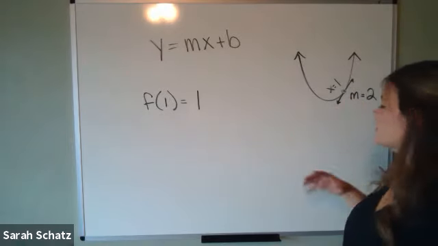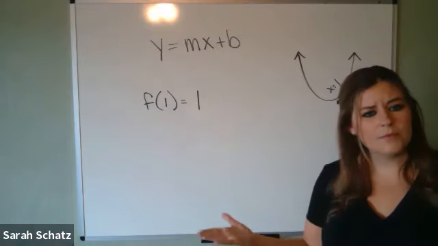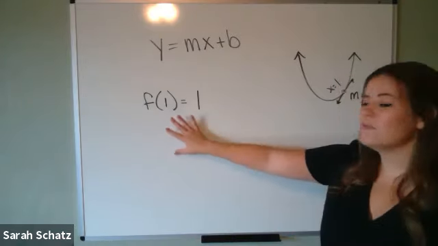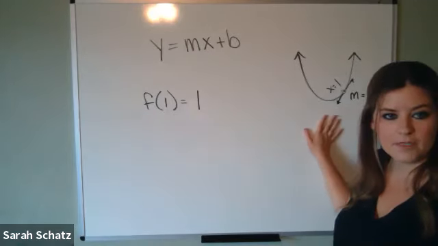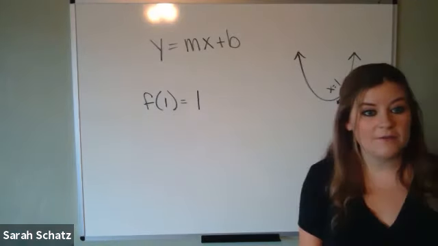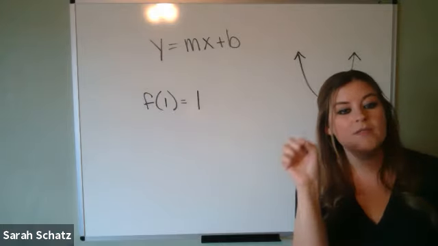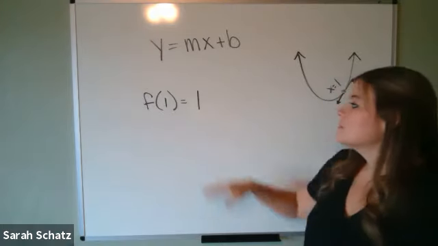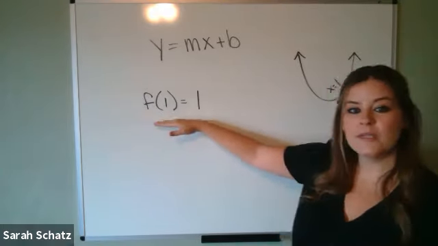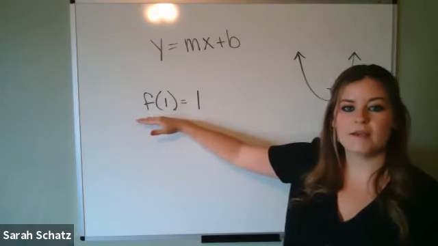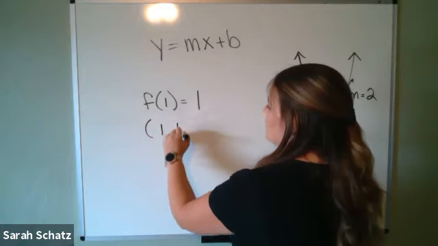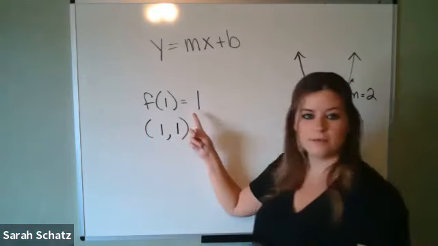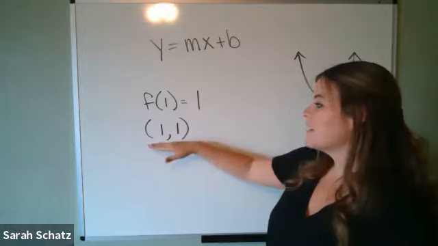So don't let that confuse you and say, oh, well, we need a point on the line, but what we found was a point on the function. They are one and the same, because that's how a tangent line works, right? That's the point that they share. So because I know they share this point, I know that this point is on the line. This point being x equals 1, y equals 1. So now I have a point on the line.